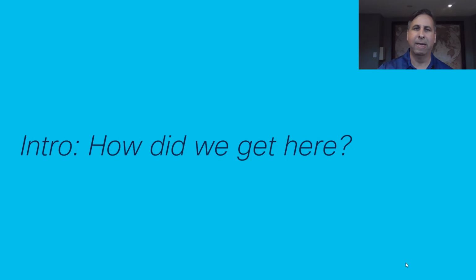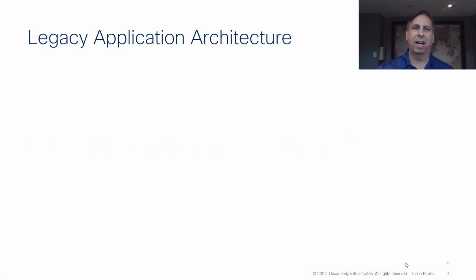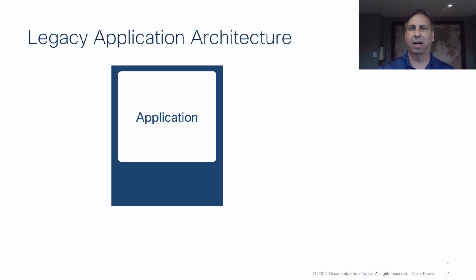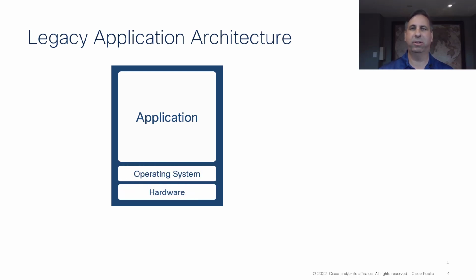So how did we get here? We've seen that traditionally, application has been very tightly coupled to hardware. You wanted to spin up a new application, you'd have to stack and rack a new server, install an operating system, and then that would run your app.